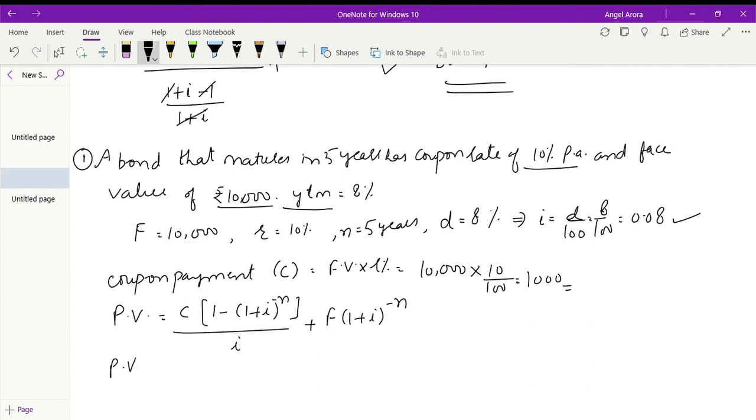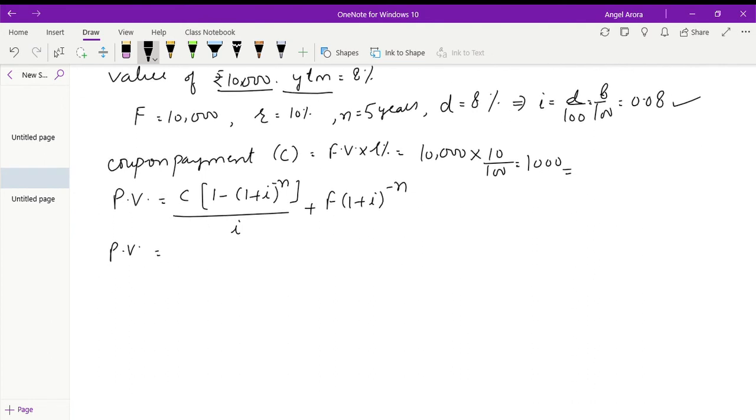So PV, present value, will be, substituting these values here, 1000, 1 minus 1 plus I, 1 plus 0.08. So it will be 1.08 raised to minus n, so minus 5, upon 0.08 plus face value is 10,000.